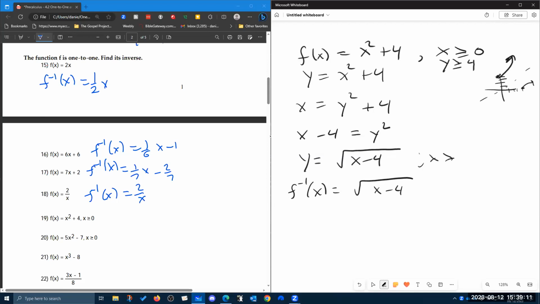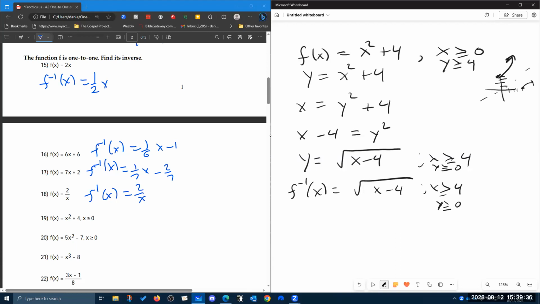So x is going to have to be greater than or equal to 4 here. And y is going to be greater than or equal to 0, which means that I have chosen the correct portion of this plus or minus.